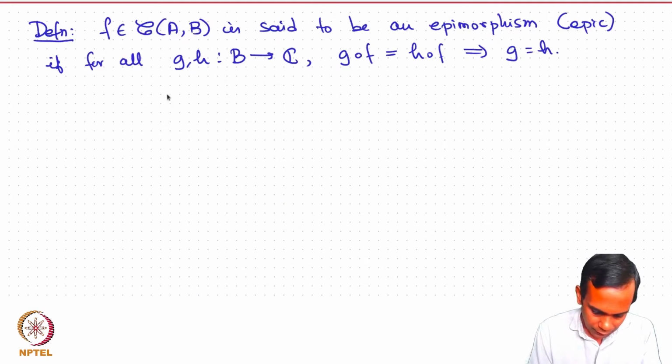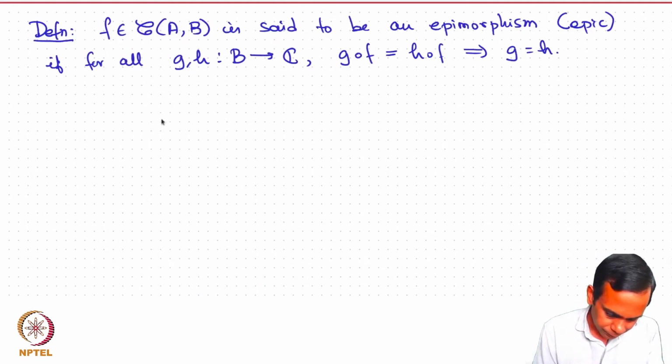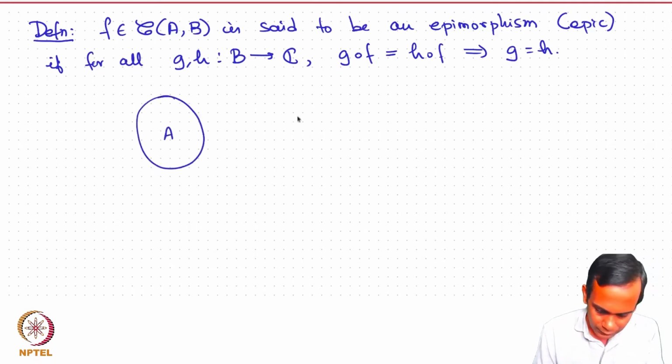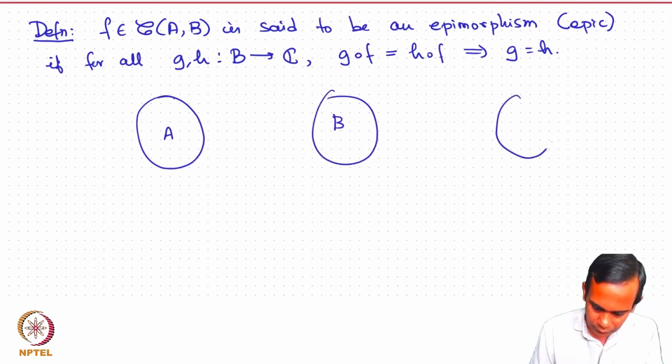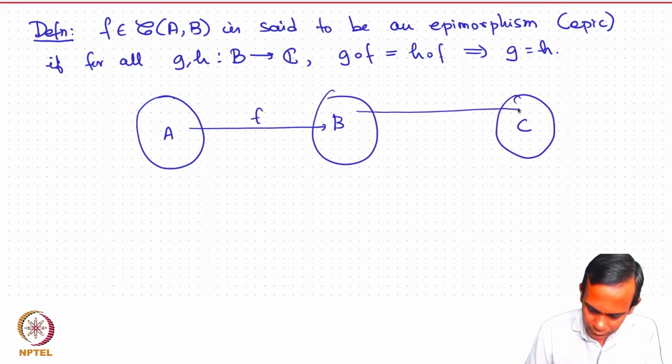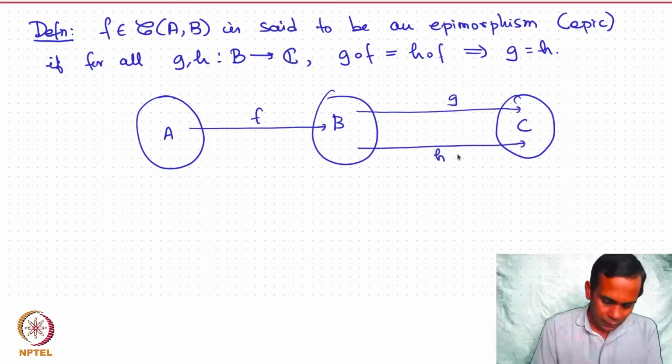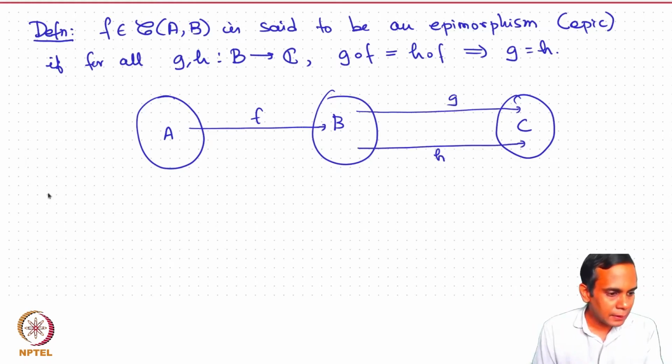So let me draw a picture analogous to this one. If we're looking at sets, then we could draw a picture like this. We have F from A to B, and we have G and H from B to C. It's quite easy to show that in the category of sets, a morphism is epic if and only if it is surjective.